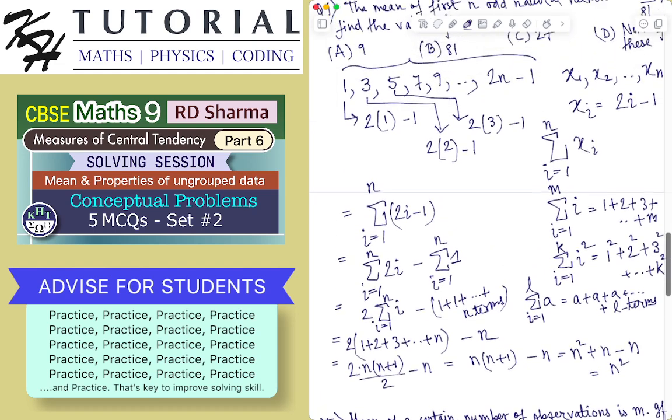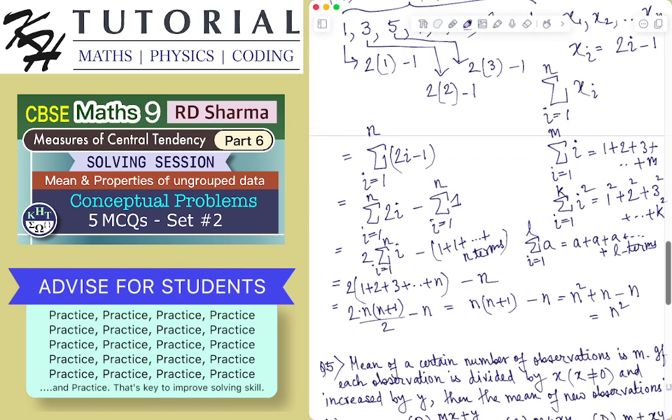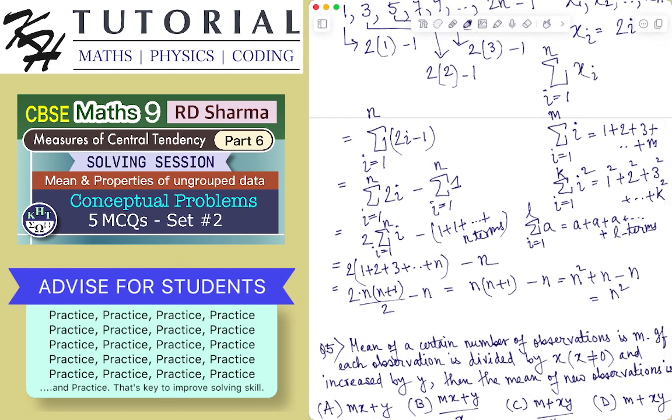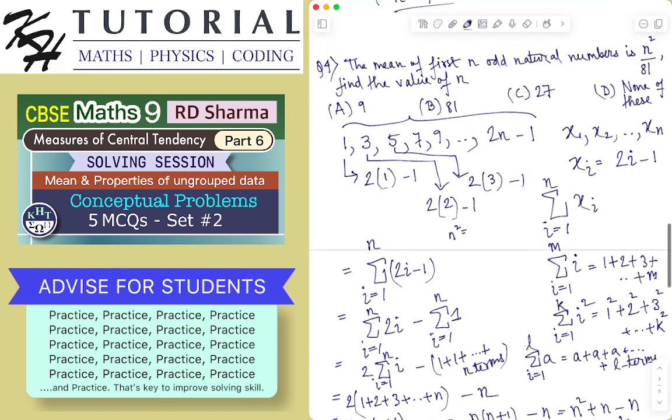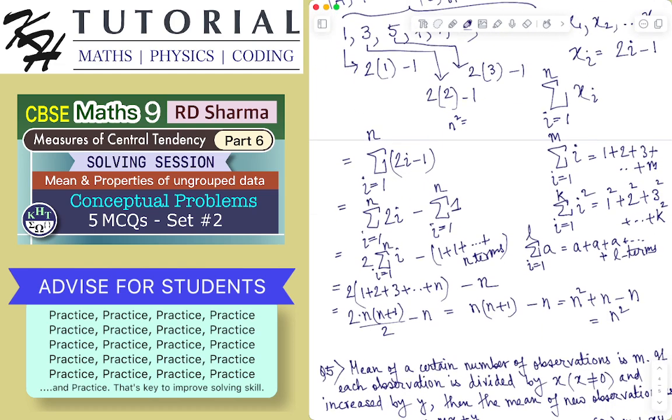So the sum of the first n odd natural numbers is coming out to be n square, and it is given to be n square by, oh, I did something wrong, let me check.